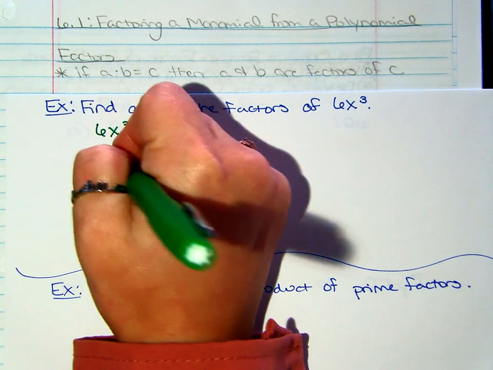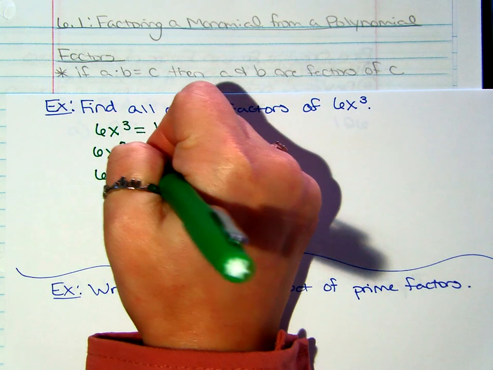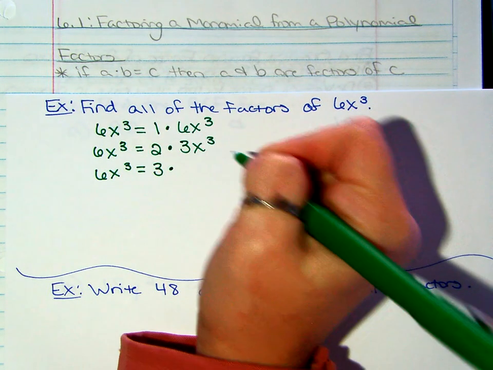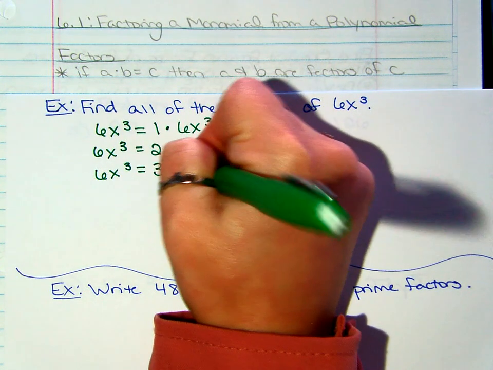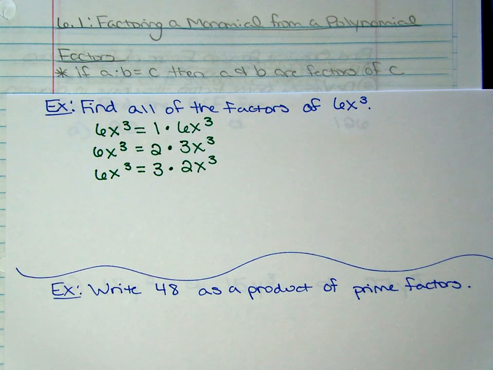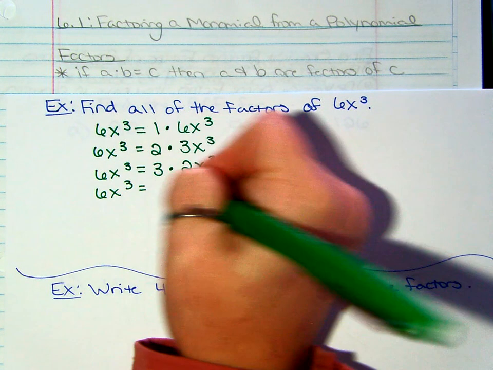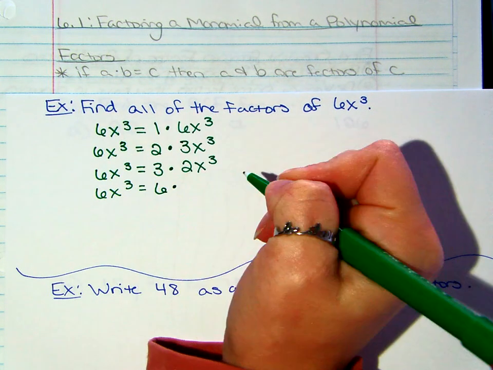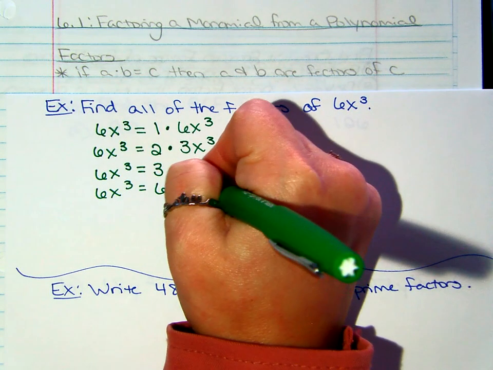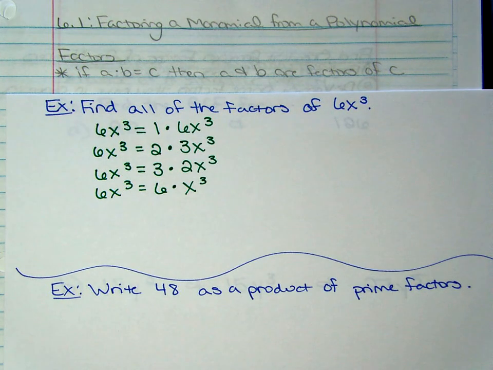Okay, then I do it again. Well, I just said that 3 is also a factor, but that'll make this 2x to the third. And our last one will be 6 times just x to the third. Or if you want, you can put 1x to the third. Either way is correct.